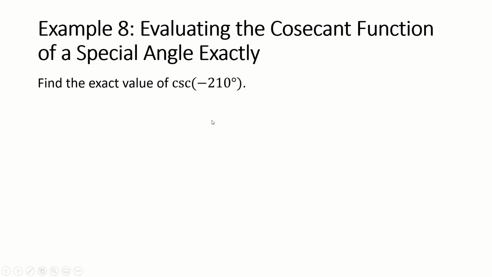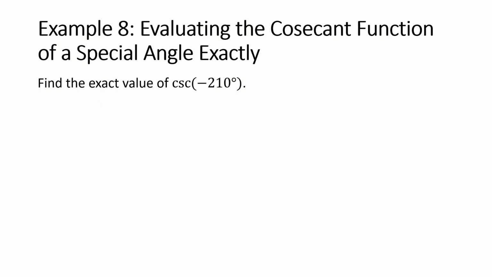Okay, now let's continue to example 8. Let's evaluate the cosecant function of a special angle exactly. So, find the exact value of cosecant of negative 210 degrees. This time, negative ulit yung binigay sa atin, which is in the clockwise direction. So, what we need to do is to figure out the coterminal angle, which is between 0 and 360 degrees.